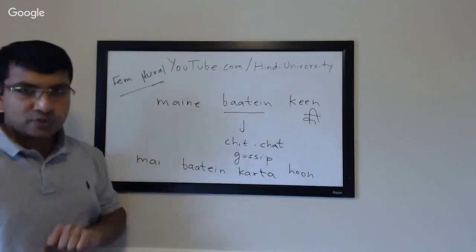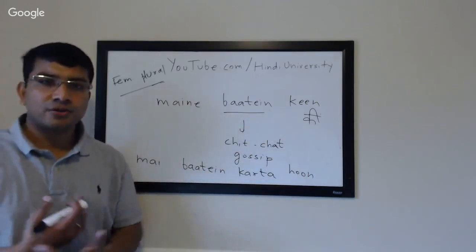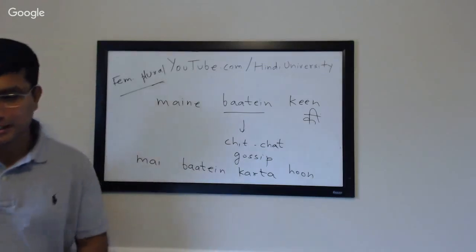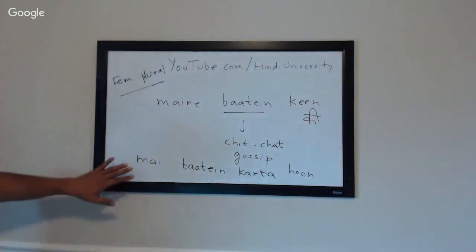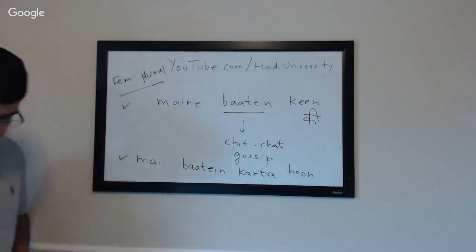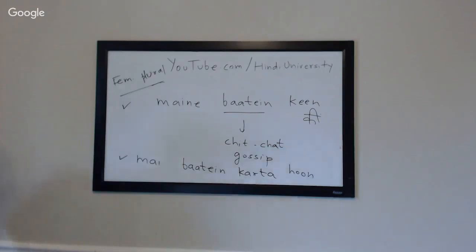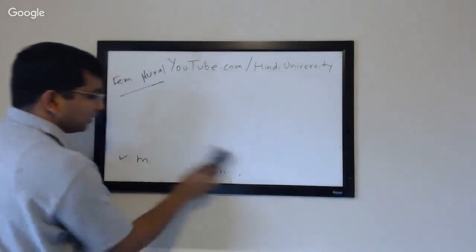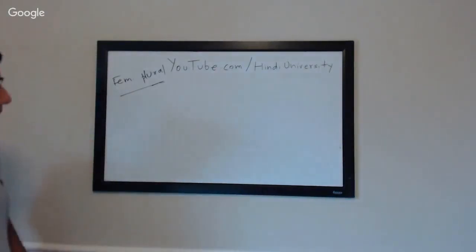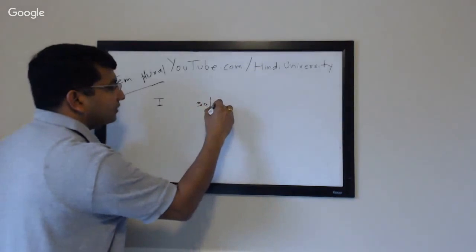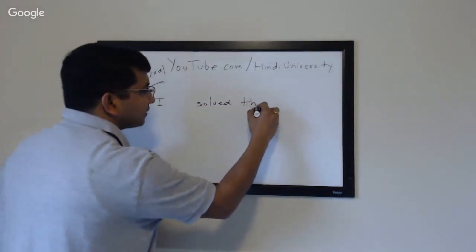It's plural also because you're not doing one talk, you're talking many things, right? So मैंने बातें की. Okay. So that's in the past and this is in the present. Now let me give you one thing as a quiz. I solved the problems.